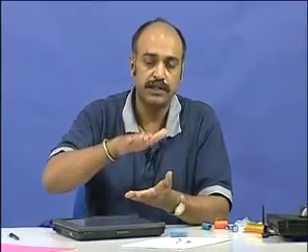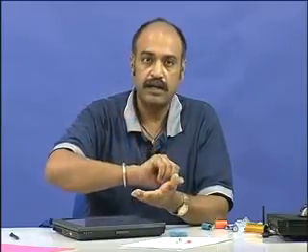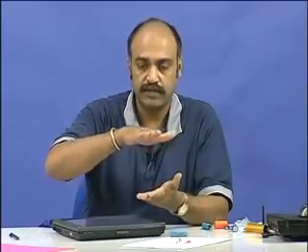There are two things which are going to determine the size. One is the voltage. If you need to design a capacitor which is supposed to withstand a very high voltage, then you need to have a dielectric in between which can withstand that field, that voltage, and therefore the size grows.